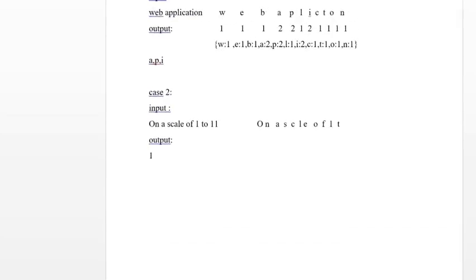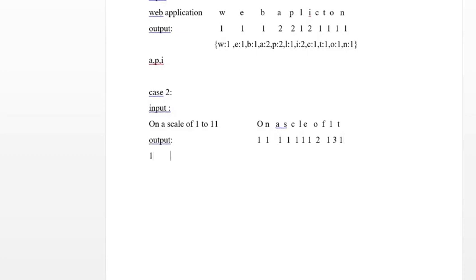Let's see the occurrences. Capital O occurred once, N once, S once, E once, C once, L once. Small o occurred two times, F once, 1 occurred 3 times, and T once.